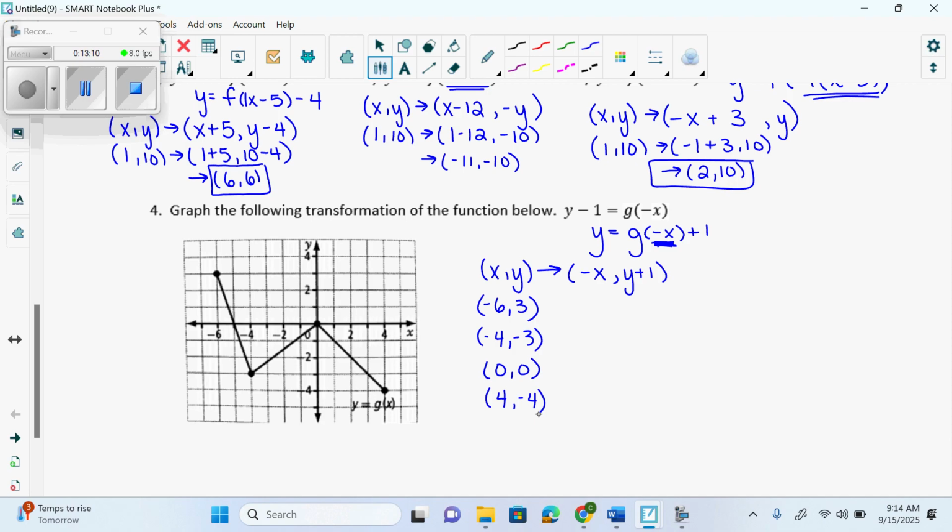Okay? All right. So we're going to get negative and negative 6, comma 3 plus 1. So we get 6 and 4. Plot that. It's reflecting on the y, so it makes sense that it's on this side right now, that coordinate. Then we get negative and negative 4, negative 3 plus 1, which becomes 4 and negative 2.